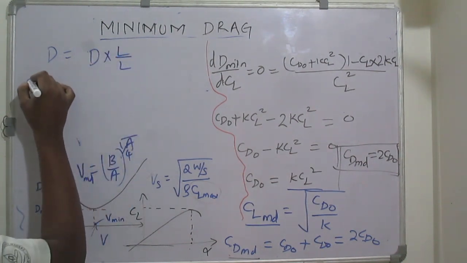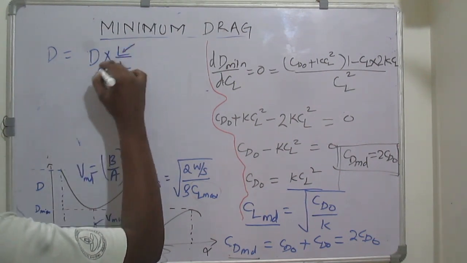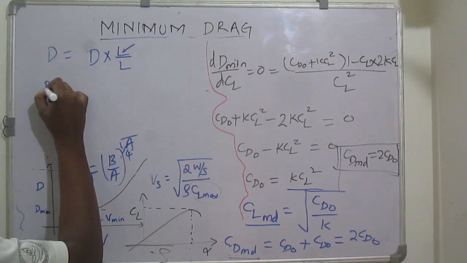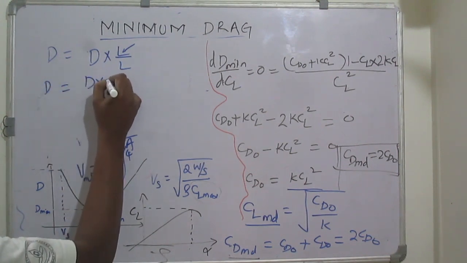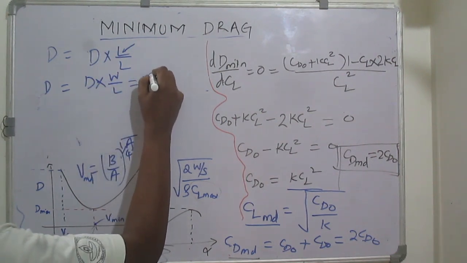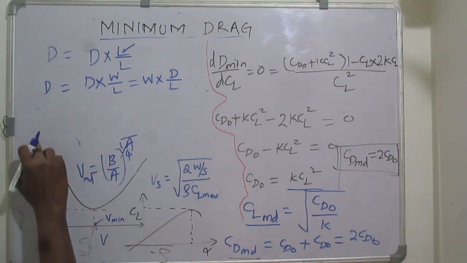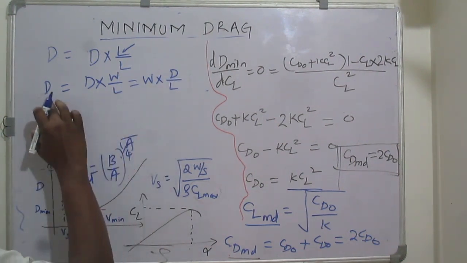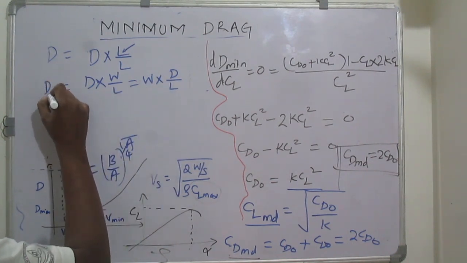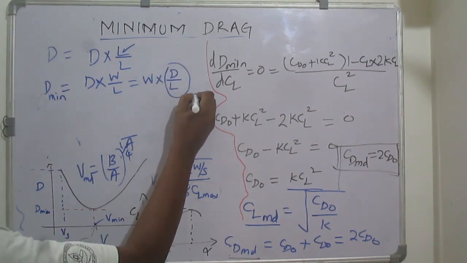So in steady level flight, lift can be replaced with W. So drag equal to drag into W by L. So we can modify this as W into D by L. For obtaining the minimum drag, if you want a minimum, then this component should be minimum. So that is the idea.